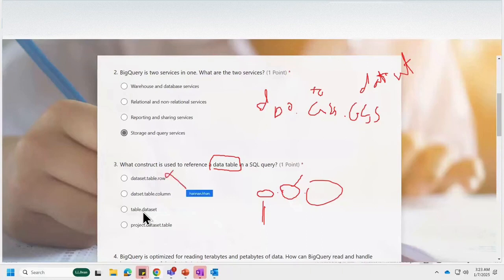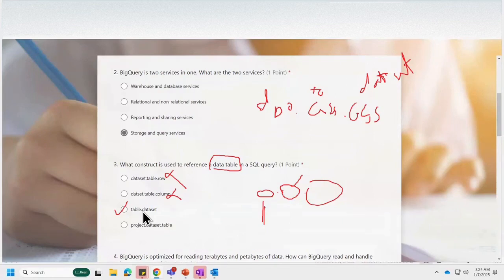Similarly, for table, we don't want column as well. Whichever we are looking for would be the last thing. The last thing is dataset and then table.